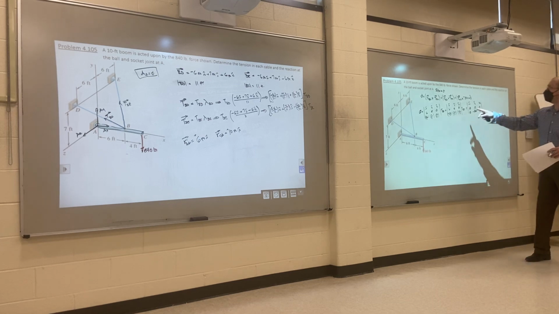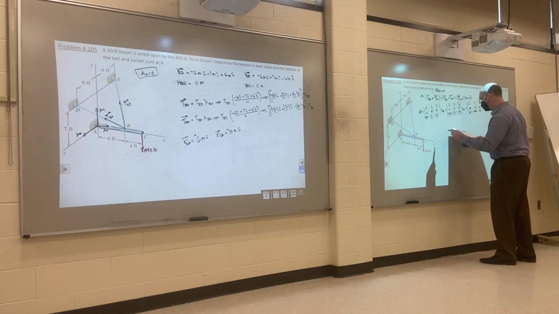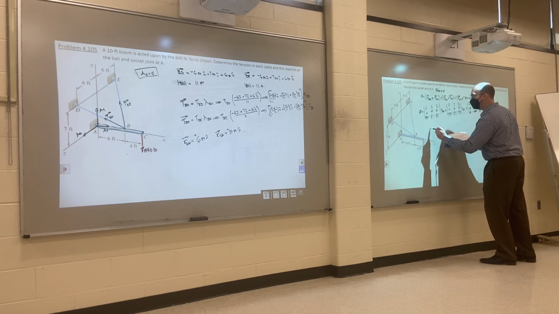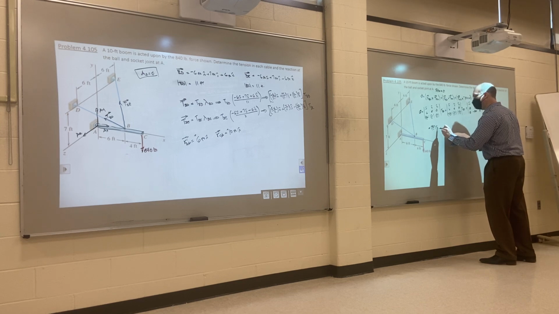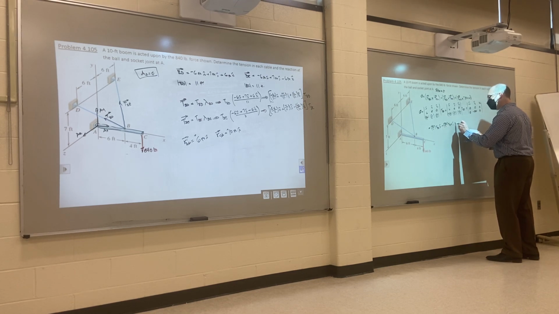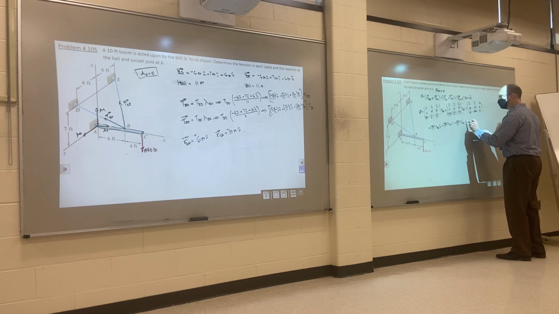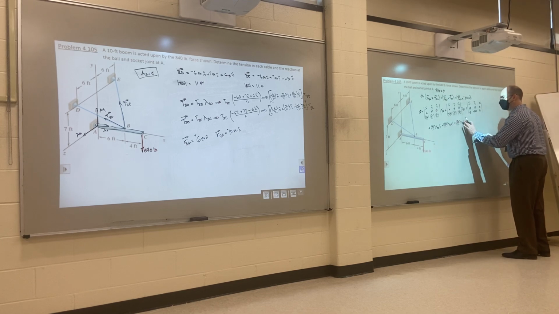Based on that, I'll have two equations with two unknowns, so I could solve for TBD and TBE. Resolving this determinant, you're going to get a solution that looks like this: 42/11 TBD k hat minus 36/11 TBD j hat, and then we've got TBE, and it's the same thing: 42/11 TBE, and this is a positive instead of a negative when we resolve it.